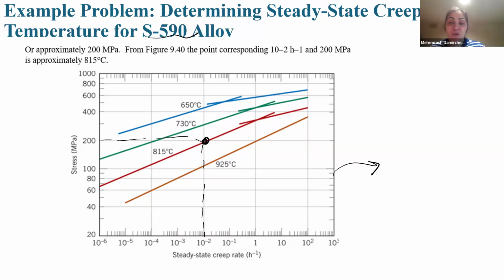In the examples we solved, we estimated the rupture time for S590 iron and determined the temperature needed for a specific steady state creep rate. These tools help engineers design safer, more reliable components.